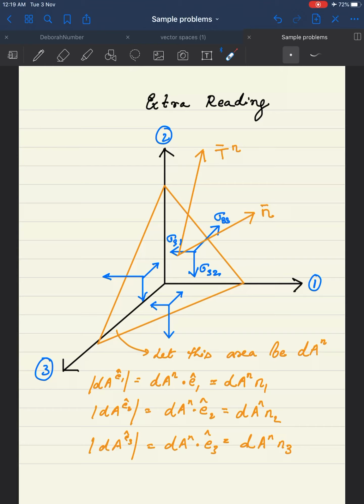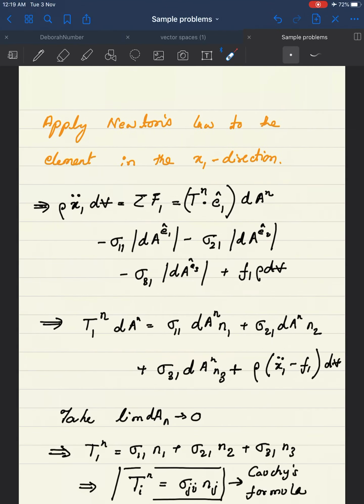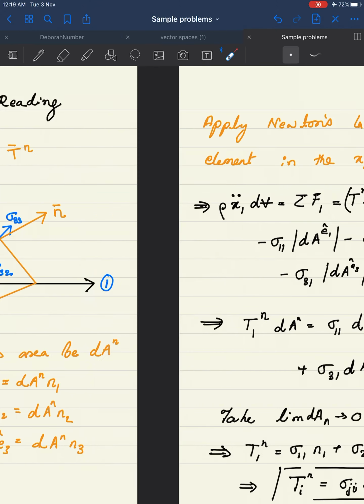Here, this control volume has nothing to do with the material point. It's just an imaginary area that we have chosen without ever referring to how the material is behaving. So this stress is also known as Cauchy stress.